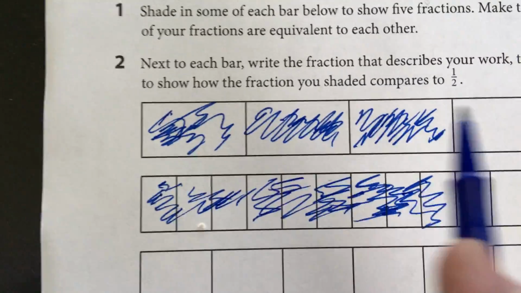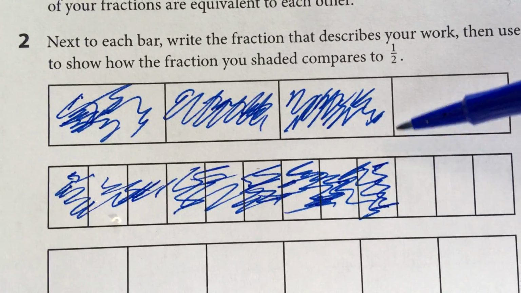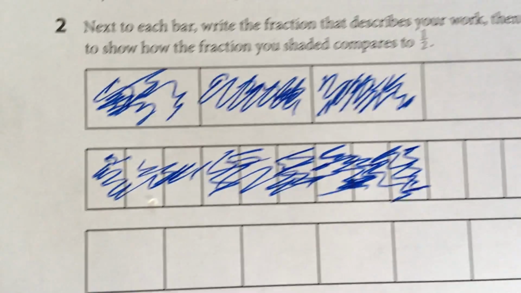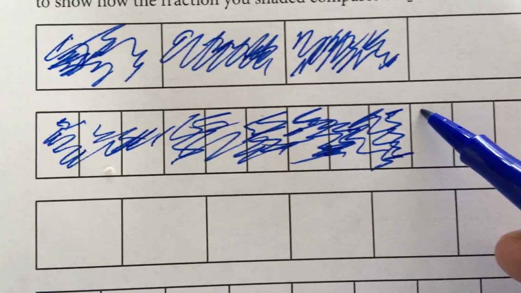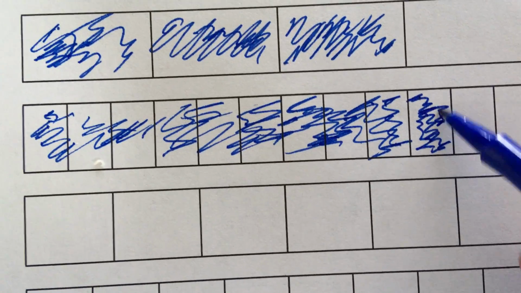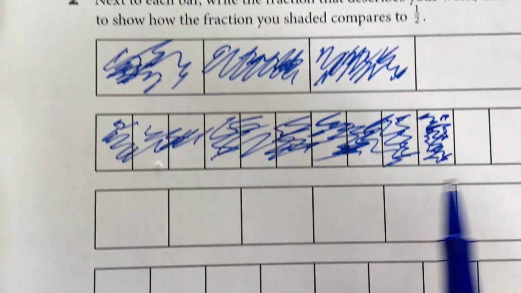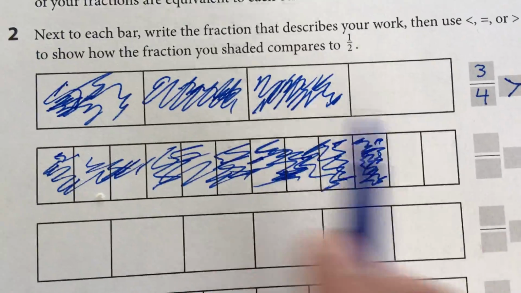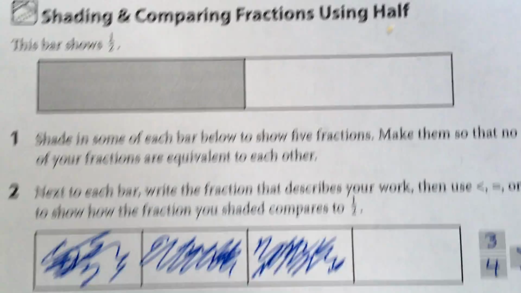As I'm comparing these two, I'm noticing that they've shaded in the same amount on both. I can see and compare this line right here and this line right here, and those are going to be the same. So I need to make sure these aren't the same. I'm going to shade in one more 12th, and then from there I can count how many pieces are shaded in, think about how many pieces there are in the whole, and then compare that once again to 1/2.